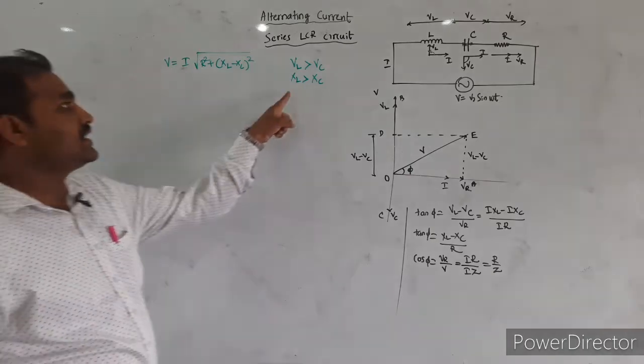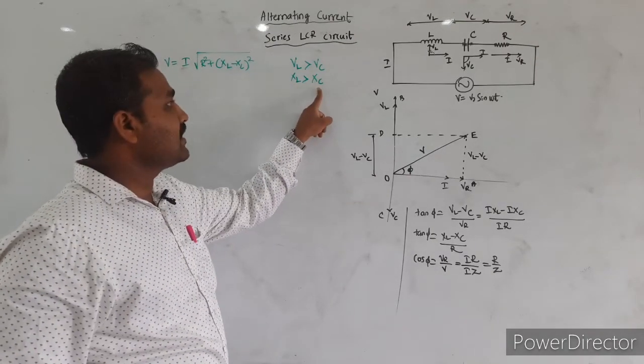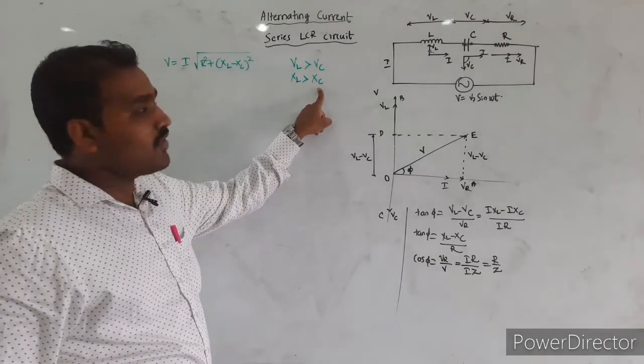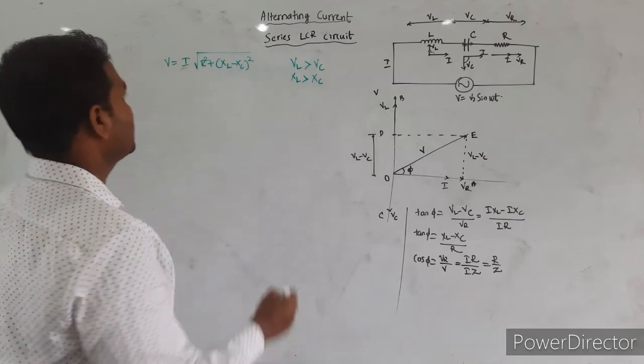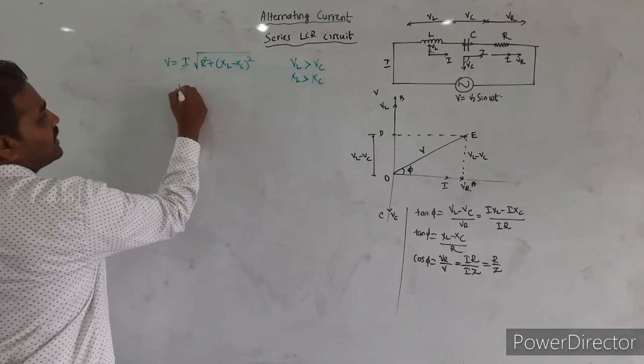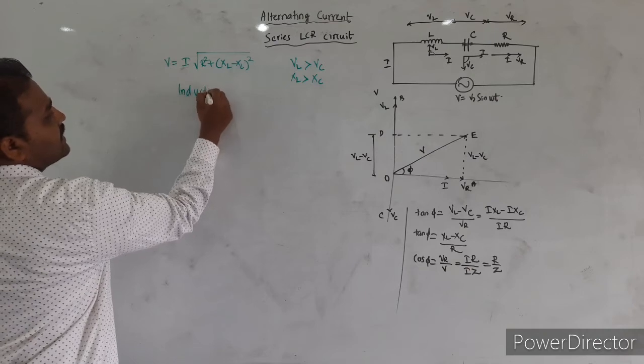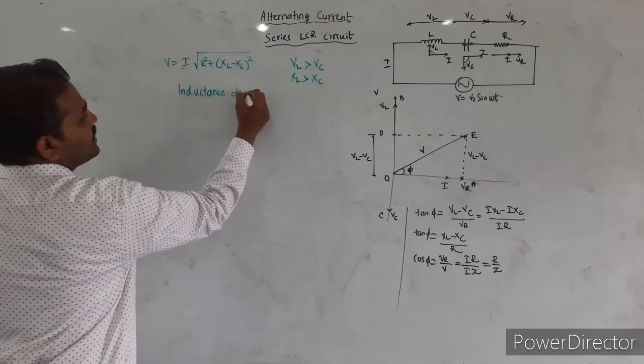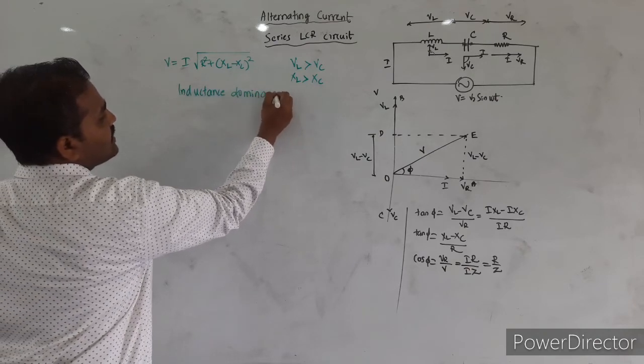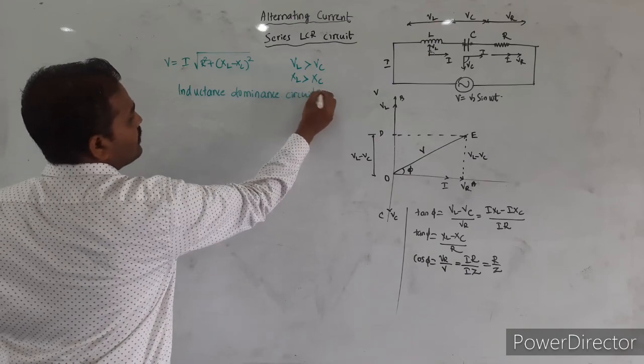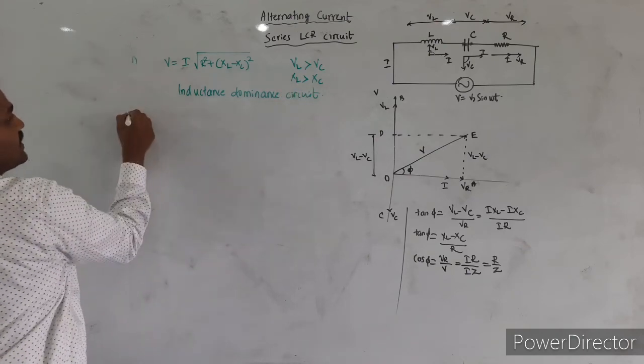In this case, the reactance of the inductor is greater than the reactance of the capacitor. So we call this an inductance dominant circuit. This is the first case.